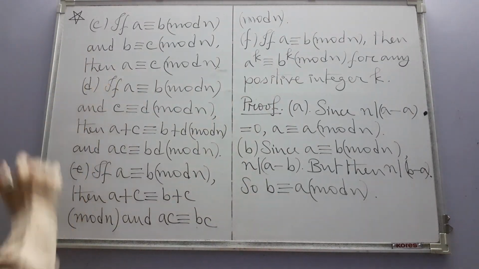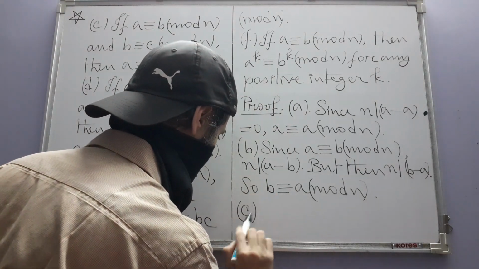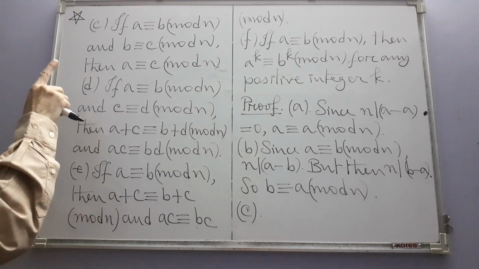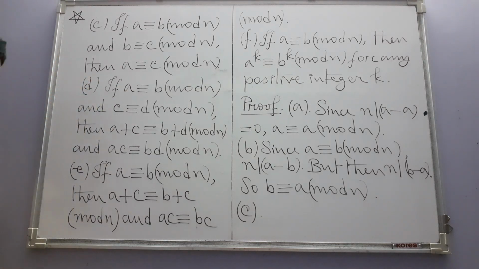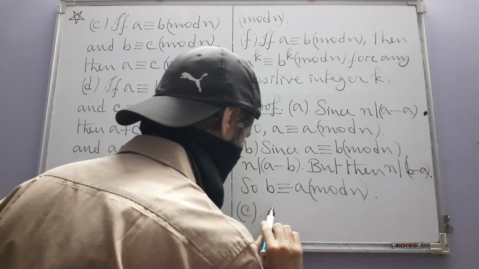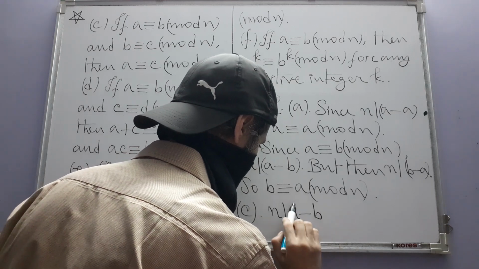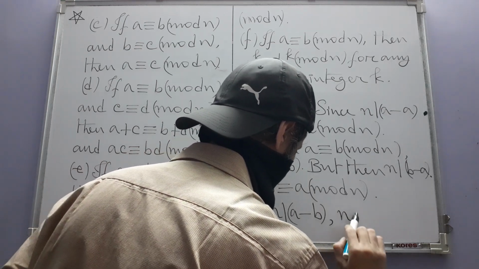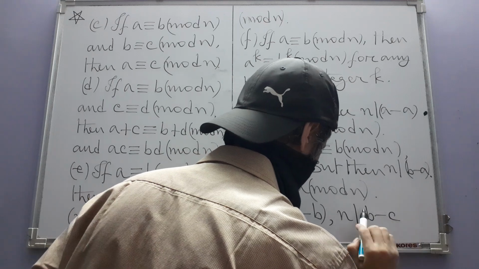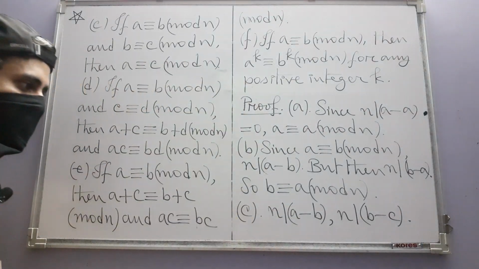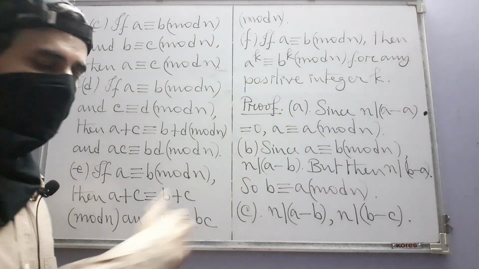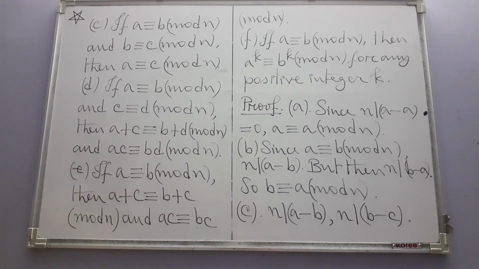Next comes part C. Because A is congruent to B mod n and B is congruent to C mod n, we have n dividing A minus B and n dividing B minus C. So now you understand that I won't be writing everything formally.